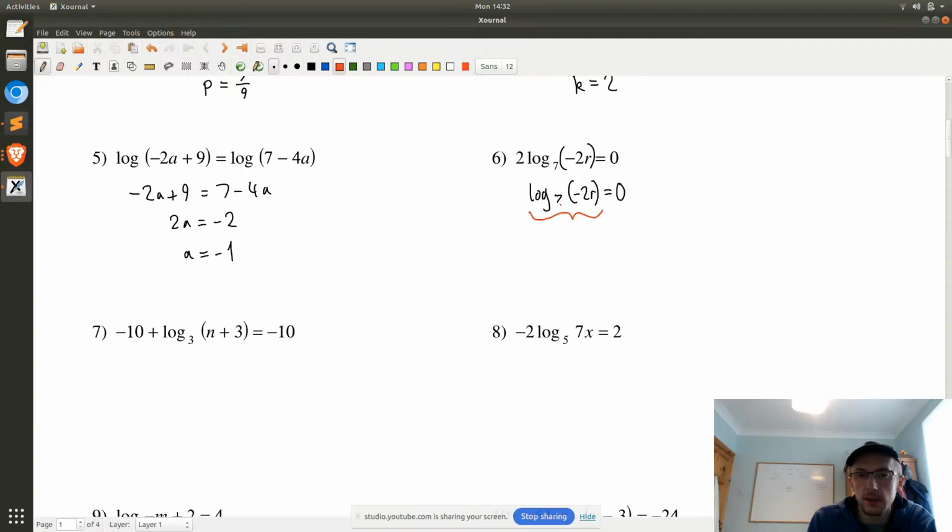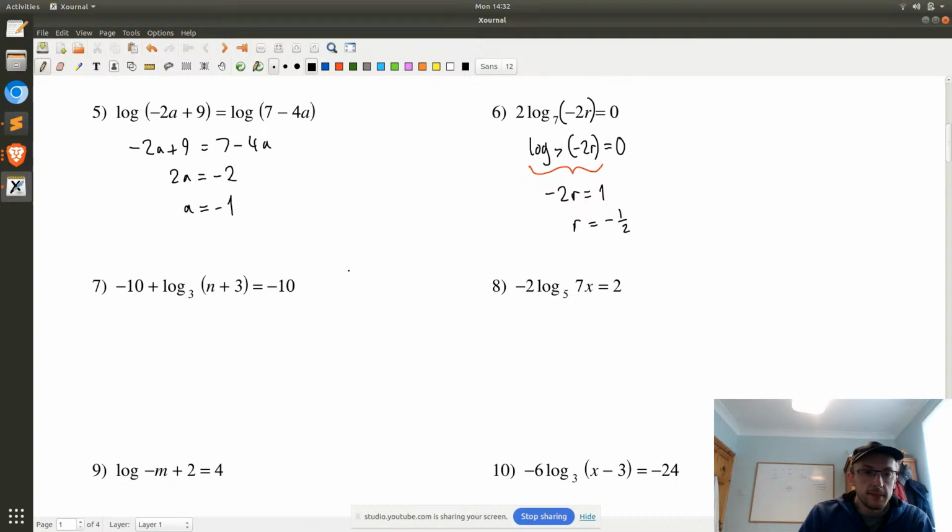To what power do I have to raise 7 in order to get negative 2r? And if the answer is 0, then negative 2r must be 7 to the 0, so it must be 1. And if that's the case, then r itself is negative 1/2.